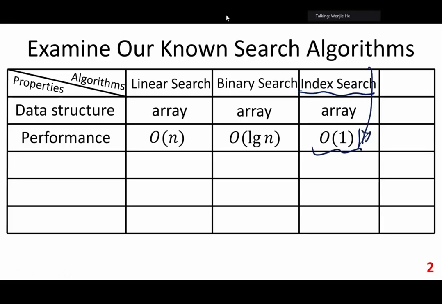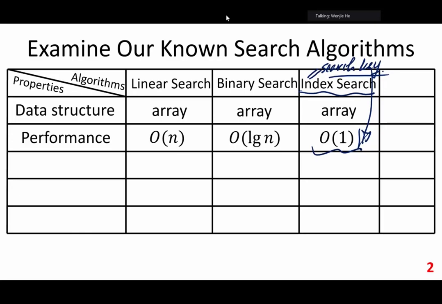Because what is index search? Given an array, what's your search key? The search key equals the array index. So you use the array index as the search key directly. In our textbook, it's called direct addressing.